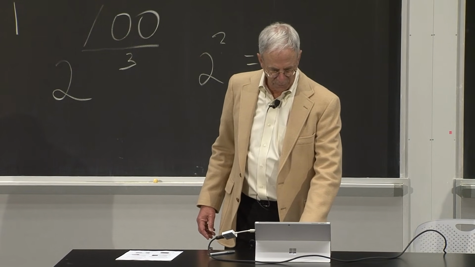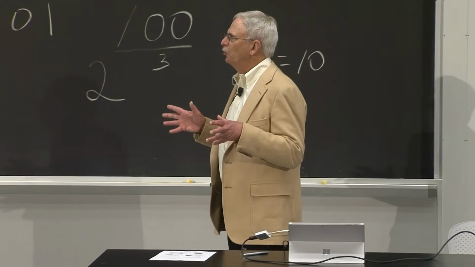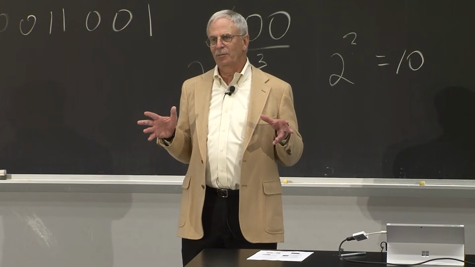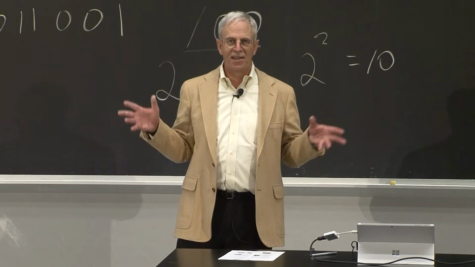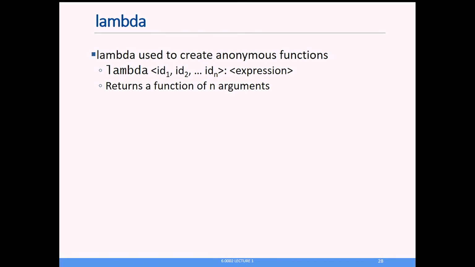So let's talk about Lambda and then come back to it. Lambda is used to create an anonymous function. Anonymous in the sense that it has no name. So you start with the keyword lambda. You then give it a sequence of identifiers and then some expression.